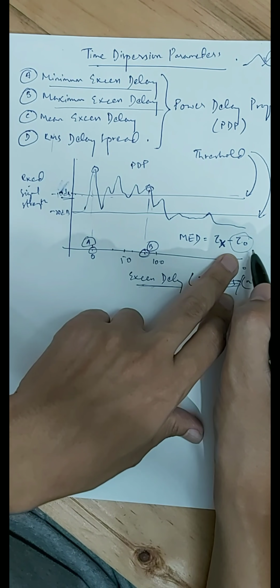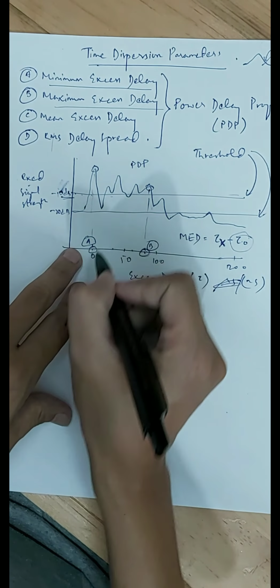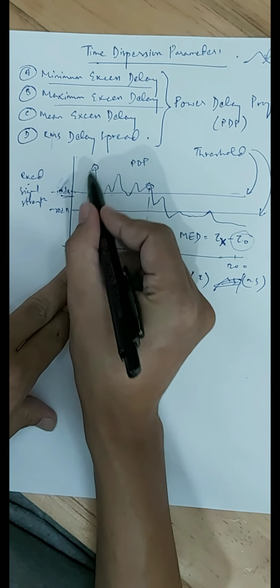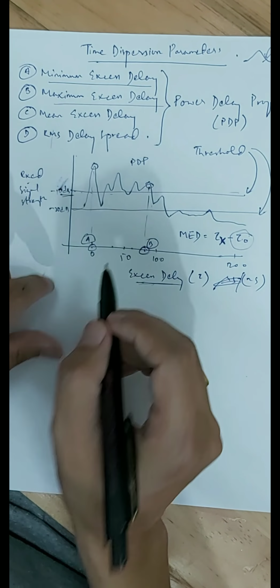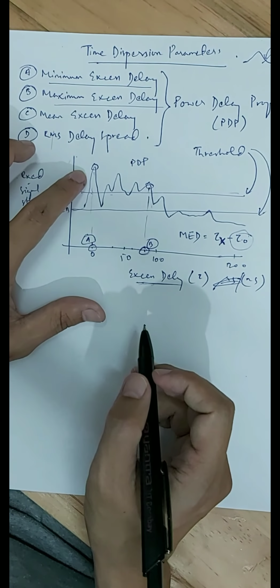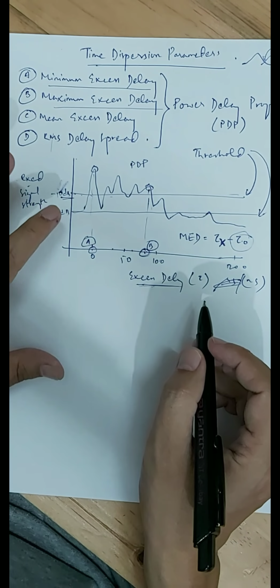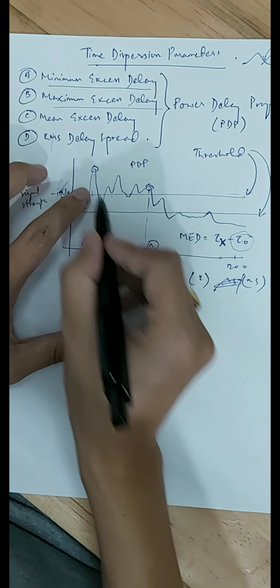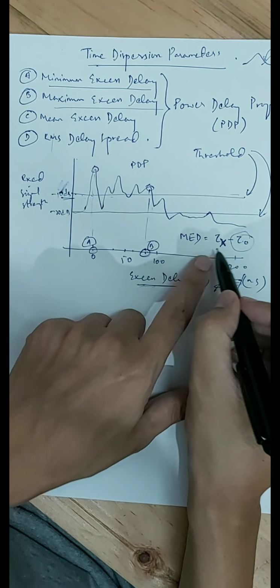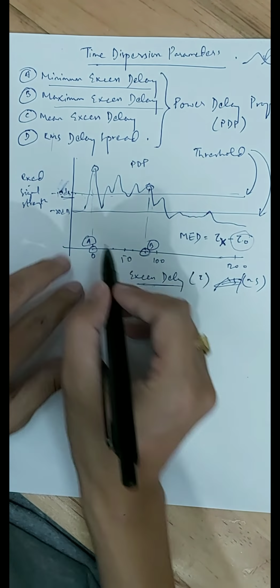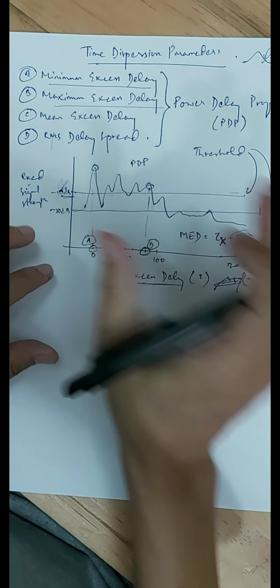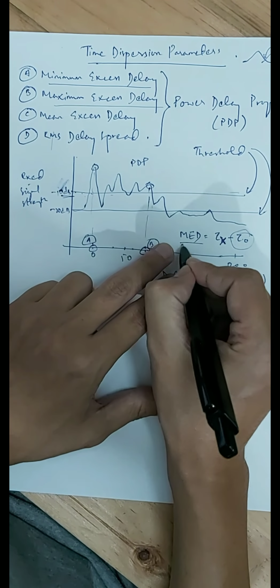Tau 0 is the first arriving signal. Which is the first arriving signal? This was the first arriving. That's why there is a peak. Always these peaks are the arriving signals. First arriving signal is tau 0. So this is how you calculate your maximum excess delay.